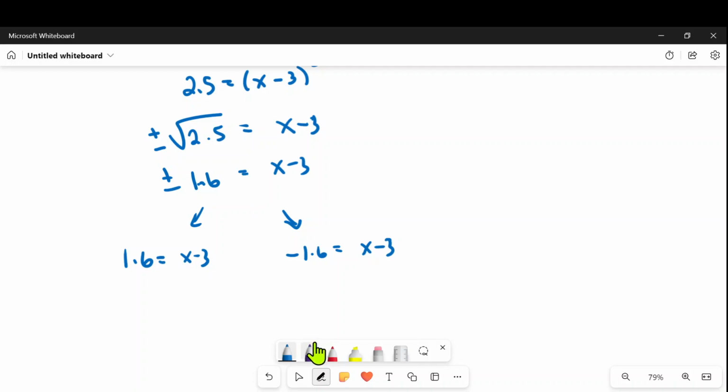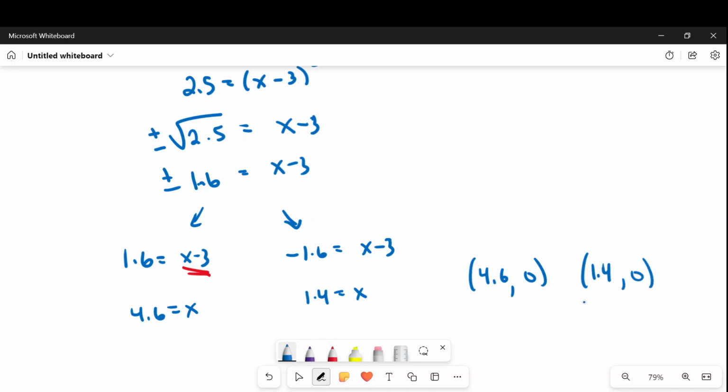So here, I'm almost done. I have x minus 3, so I'm just going to add 3. I get 4.6 equals x. Here, I'm going to add 3, and I get 1.4 equals x. So my x-intercepts, and these aren't exact either because I used a calculator and I rounded.